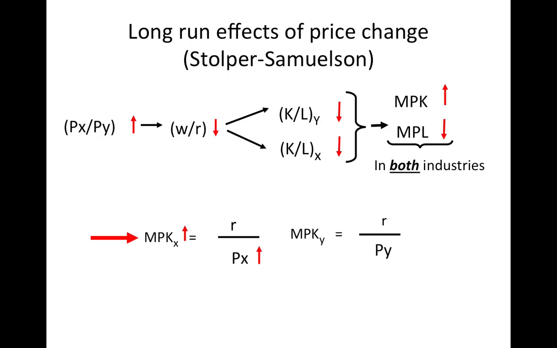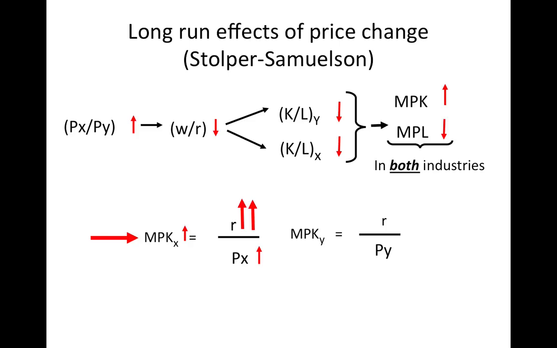We also started with the price of X rising. So if the two sides of this equation are going to remain equal, and recall that this is really just the payment R equal to the value of marginal product of capital in X, just rewritten, then the nominal payments to capital, R, have got to rise more than the price rise in X.